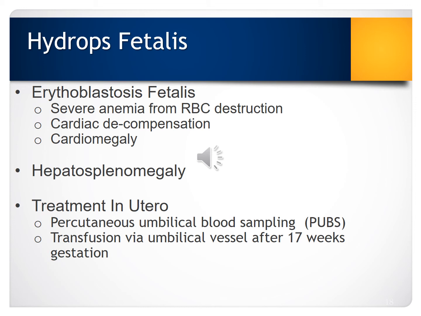Rhogam is also given after any procedure or trauma where there could be a likelihood of mixing of fetal and maternal blood. So if a woman is Rh negative and she had an amniocentesis or chorionic villus sampling, she's going to get Rhogam after that procedure.